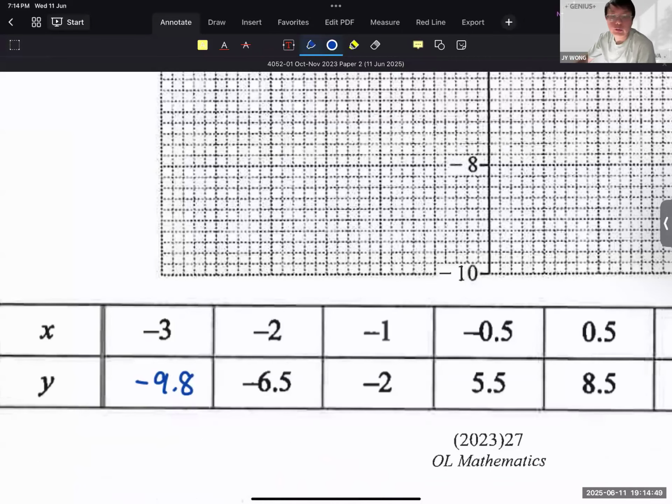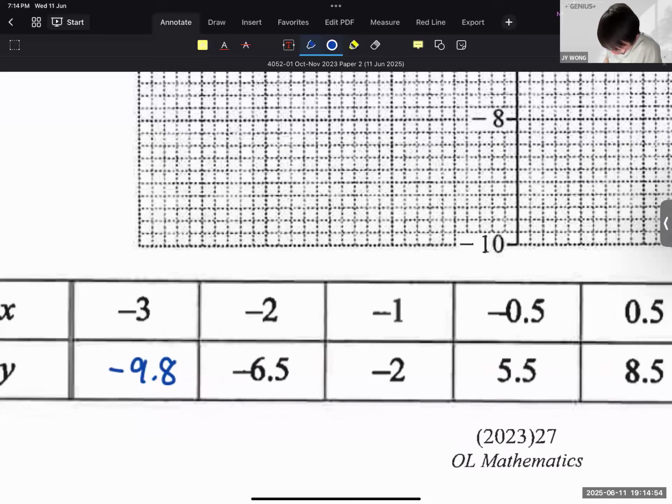Notice that the intervals for your x and y axis are different. So you all better be very, very careful. So -9.8 should be here because 5 small squares is 1. That means 1 square is 0.2. Okay, so -3, -9.8 should be here.